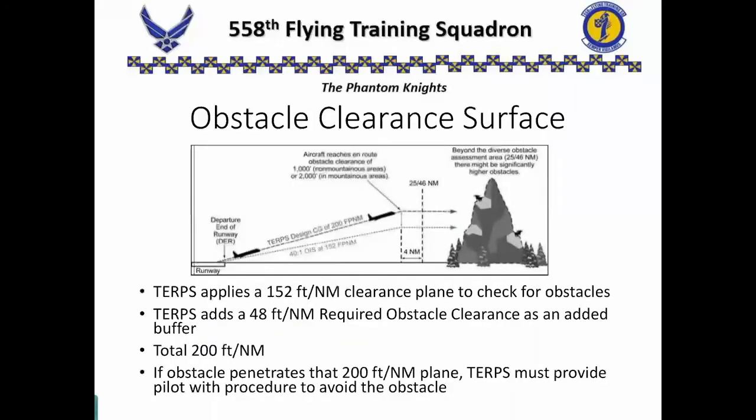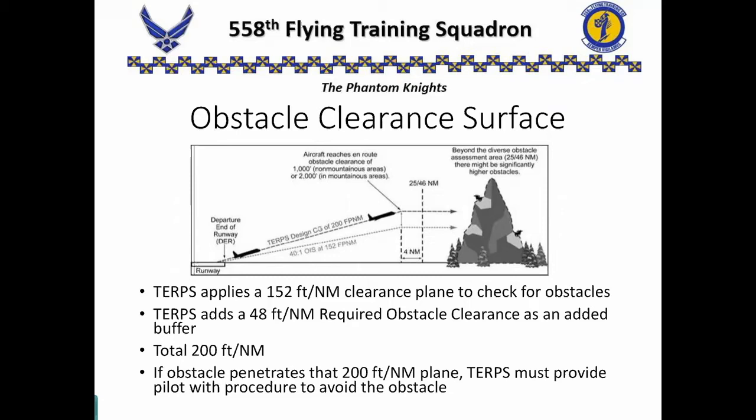All right, let's take a look at the obstacle clearance surface. The TERPS specialist will take the runway in question and look at a 152 foot per nautical mile clearance plane. They extend that out from the end of the runway and check for any obstacles that might penetrate it: trees, buildings, power lines, towers, mountains. They're also going to add a 48 foot per nautical mile required obstacle clearance above that.